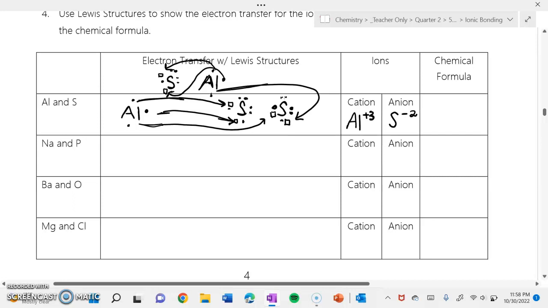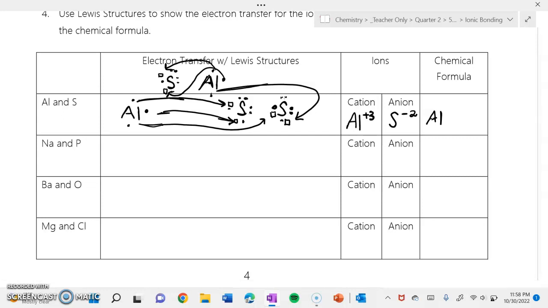Now lastly, to write the chemical formula, remember, always write the metal first. We have aluminum. Because now we're giving quantity, we're going to write these as subscripts. As charge, we wrote them as superscripts. Quantity now in the chemical formula is a subscript, that's at the bottom.